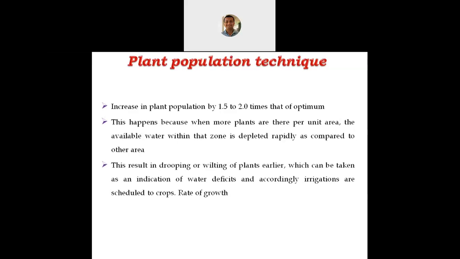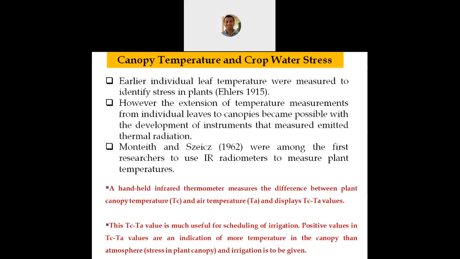Compared to your actual field where the optimum plant population is maintained, in that area with more plant population, the soil will be drained of water more quickly due to higher evapotranspiration. Now automatically the plants will show wilting or drooping symptoms earlier in that small area as compared to the main field. So by monitoring that small area, you can determine whether you need to apply irrigation to your larger field or not.